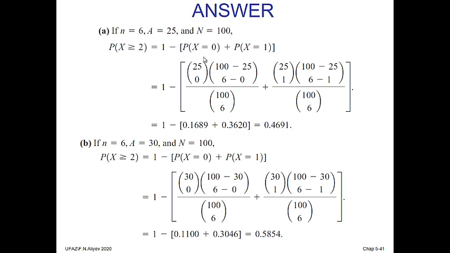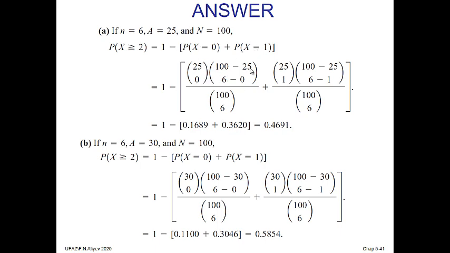Automatically you will obtain this probability. But if you want to do this the hard way, you should find the probability of 2, 3, 4, 5, and 6, five numbers, and then add all of them. But this is the shortcut way. Here you just need to calculate two things, 0 and 1.